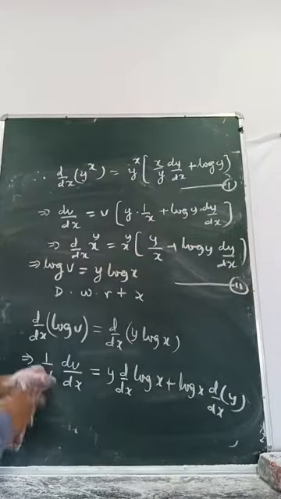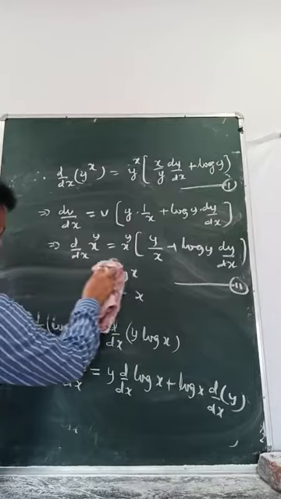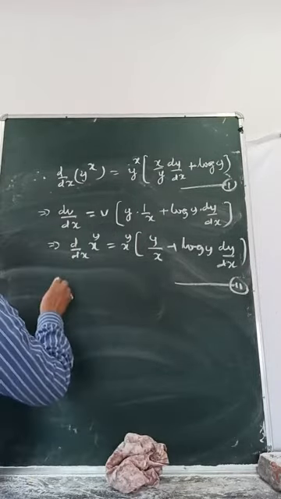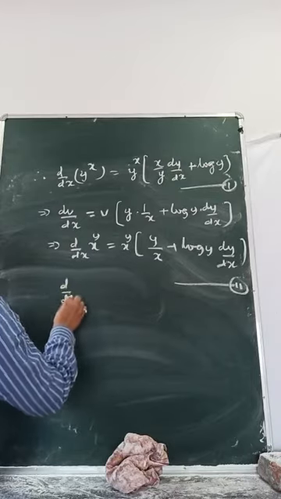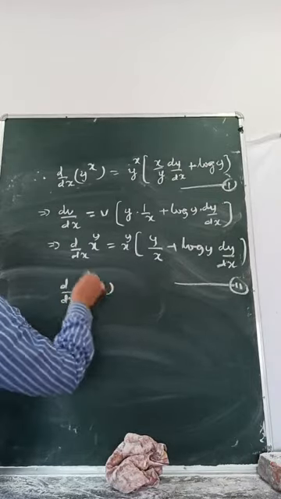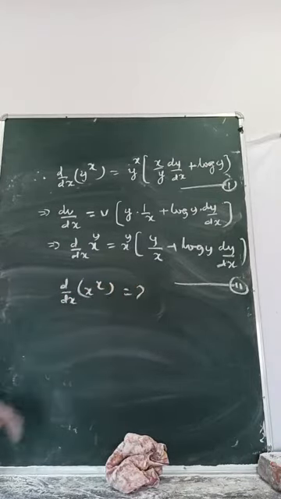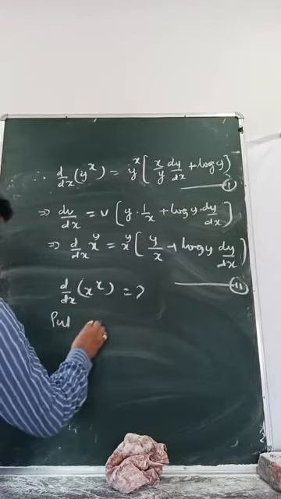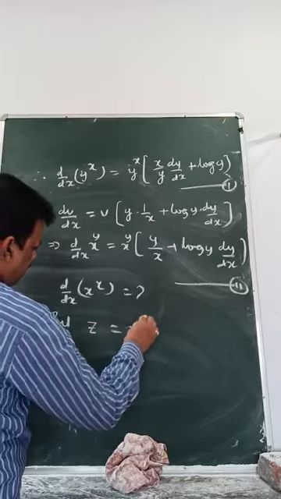Third part was d/dx of x to the power x. How to do? Put any other symbol, z equals x to the power x.